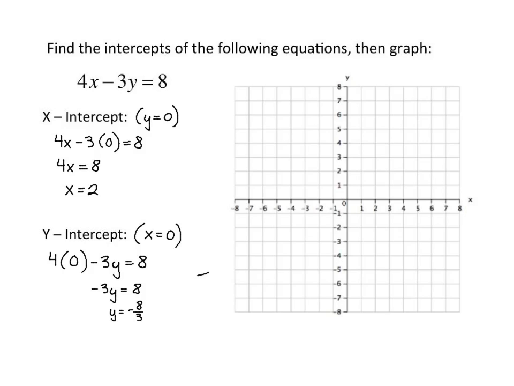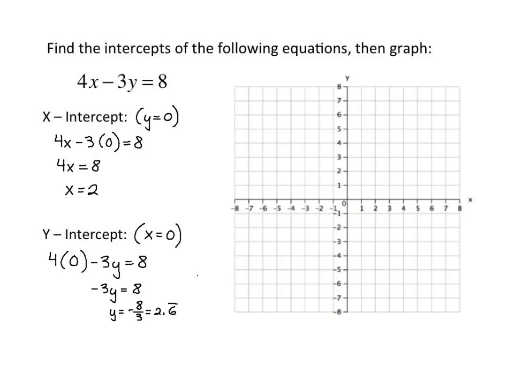And again, because 8 over 3 is a little tough to graph, it might be nice to get the decimal. If I do 8 over 3 on a calculator, I find that this is equal to 2 2/3, or in other words, about 2.6 repeating.